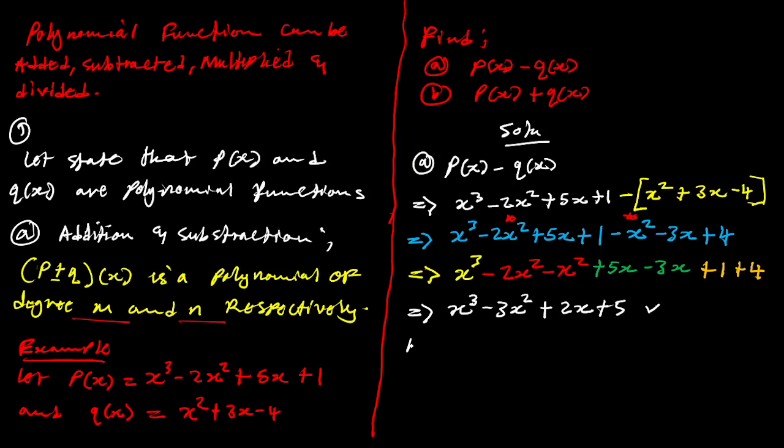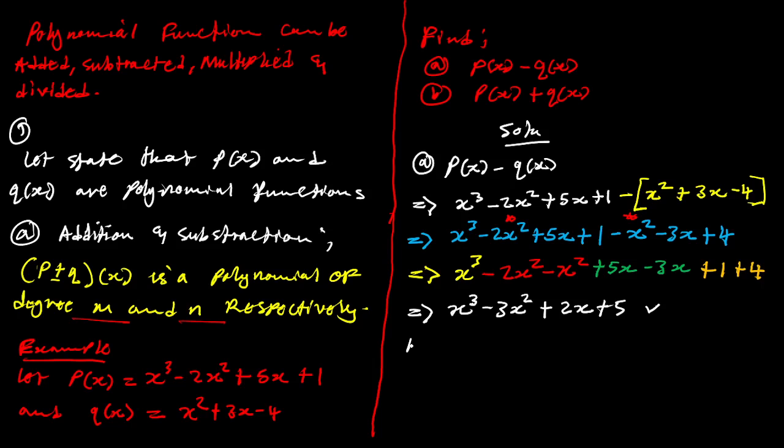If you look at the second example, there is a plus, and plus cannot affect anything there. So I'll just write the terms for q like that, because the plus will not affect anything. So I'll say plus 3x and then minus 4.